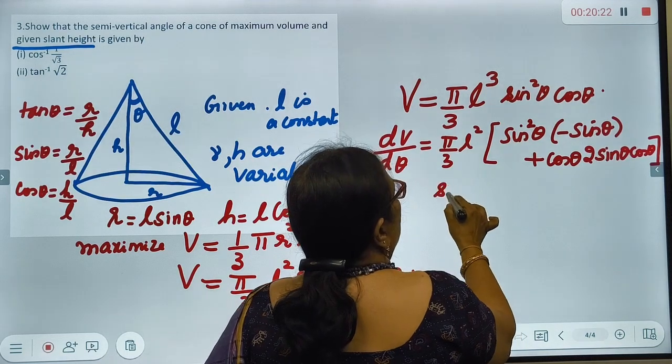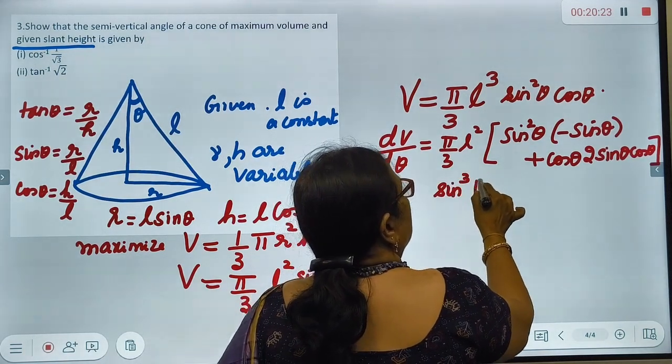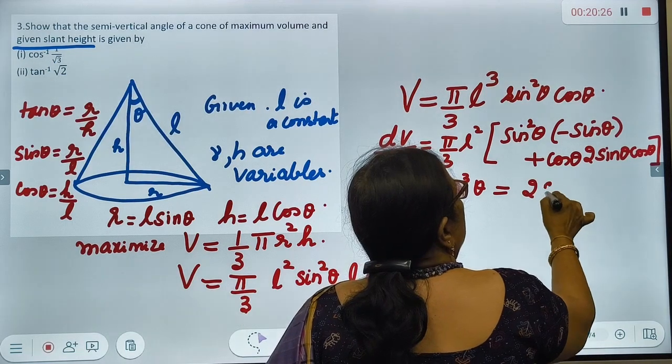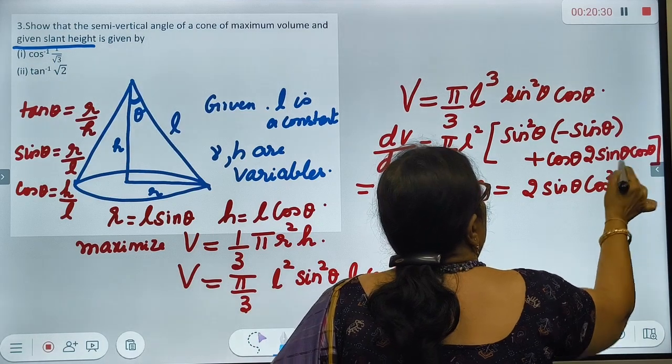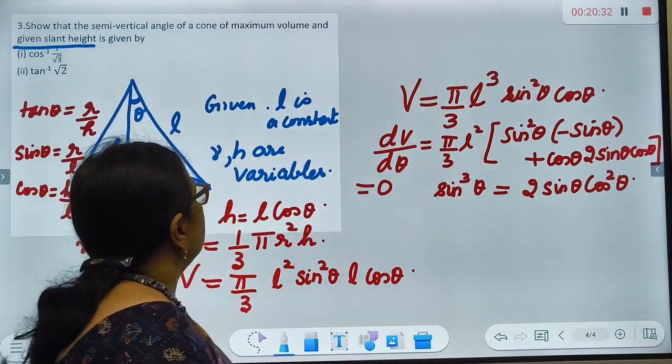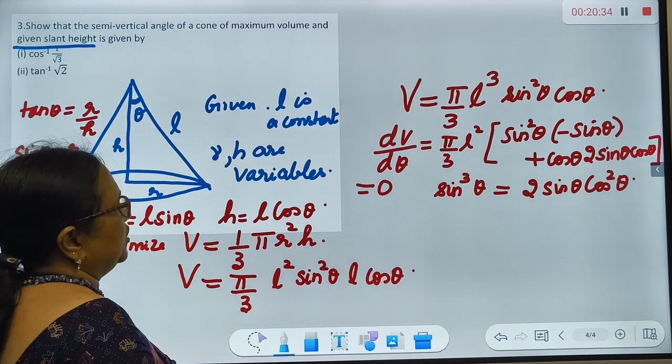So sin cube theta will be equal to 2 sin theta cos square theta. I can cancel off one sin theta because theta cannot be 0.